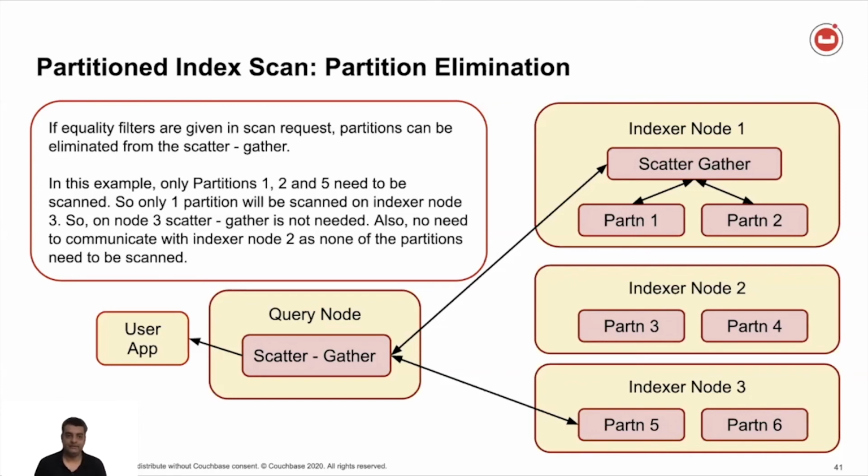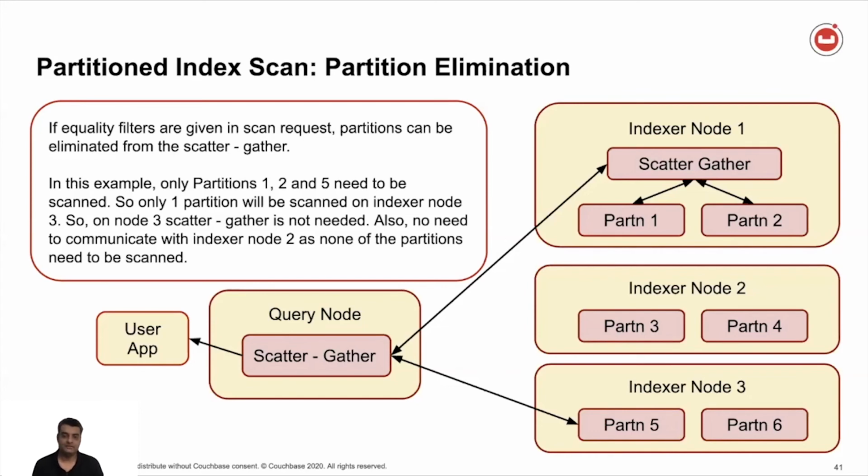Here there is a prerequisite that the equality filters have to be there on a partition key. So in this example, query node decides to send the request only to indexer node 1 and indexer node 3 because only partition 1, 2 and 5 need to be scanned. On indexer node 1, there are 2 partitions that are being scanned, so scatter gather will happen on that node.